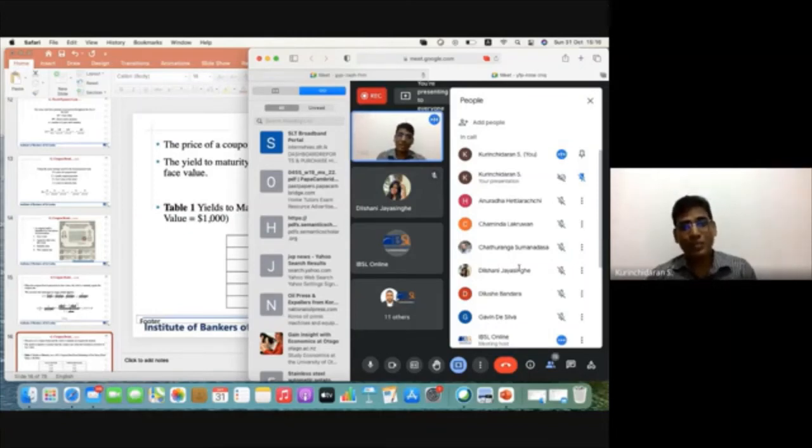Okay, the market price is 100 rupees, but can you keep saying your treasury bill is worth 1,000 rupees? No, because that is not fair, because when you are going to sell it, you are going to get only 100 rupees. So, as Dilshani said, we always have to mark to market this trading book.